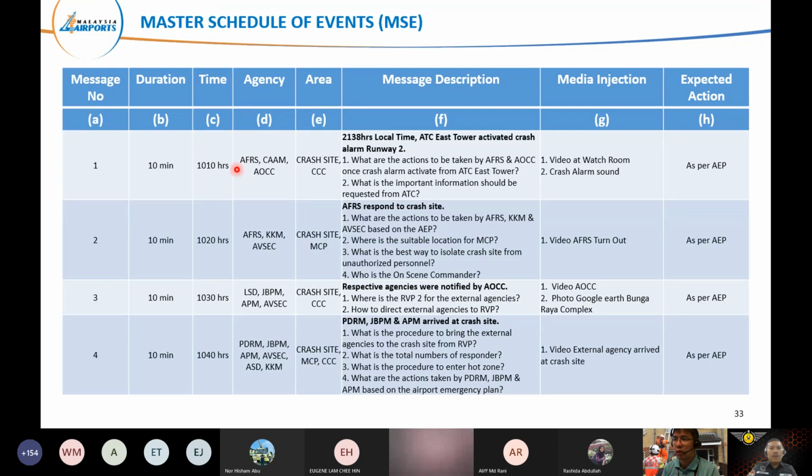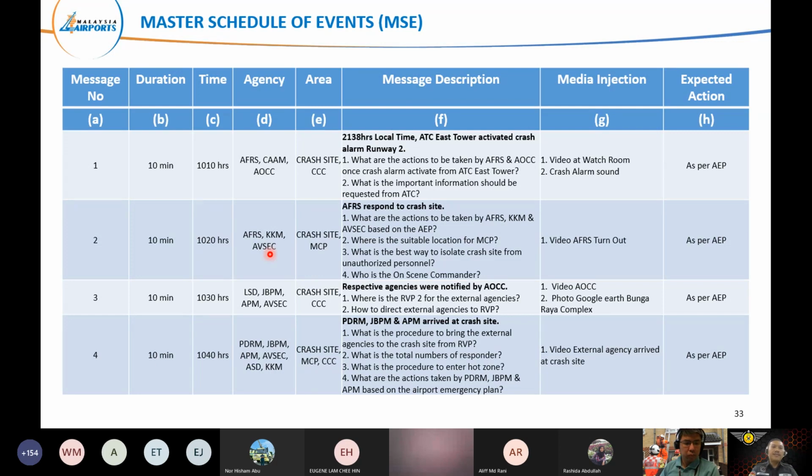So this time, okay, what time we start and what time we should finish for each message and agency. By deciding or putting this agency in this column D, we will ensure all invited agencies are given the opportunity to speak. If, let's say, we miss, for example, the Royal Malaysia Police, then we feel frustrated because he was invited as a player, but there is no question given to him.